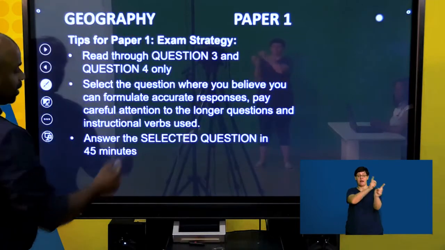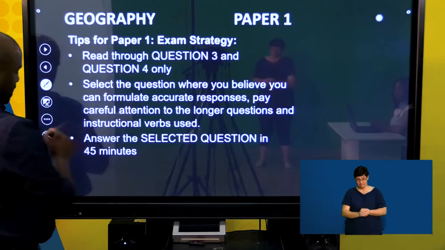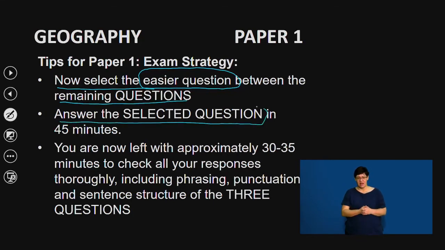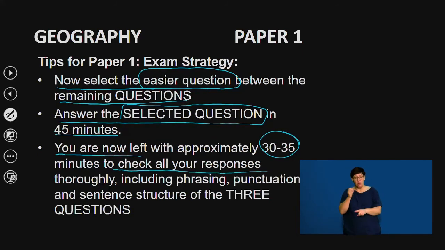So remember always, when you're answering, you should be able to do the following. Select the easiest question for your 3rd question to be answered of the remaining questions. You now have that selected question to answer in 45 minutes. You are now left with 30 to 35 minutes of the 3 hours to check all your responses.